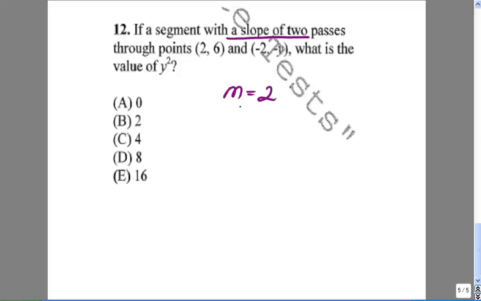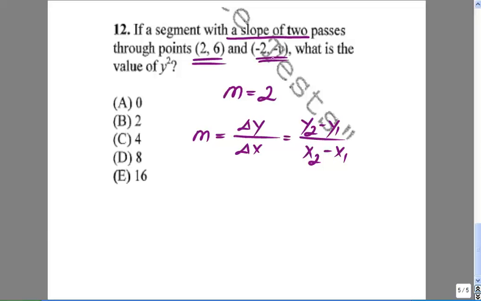But your slope m is always given by the change in y over the change in x. That means y2 minus y1 over x2 minus x1.